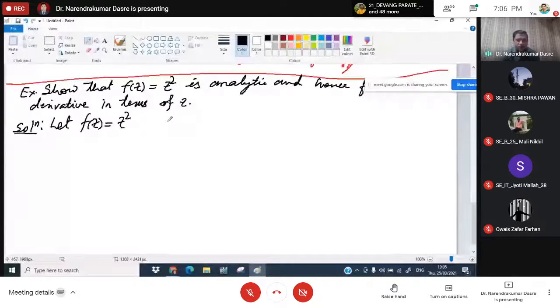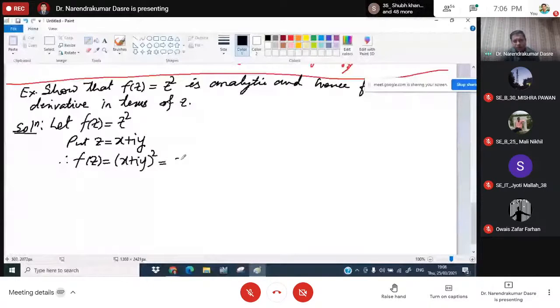So what we do next, we put z is equal to x plus iy. Hence f of z is equal to (x plus iy) whole square. So this we know, x square minus y square, plus 2ixy. So we got f of z is equal to x square minus y square plus i times 2xy.